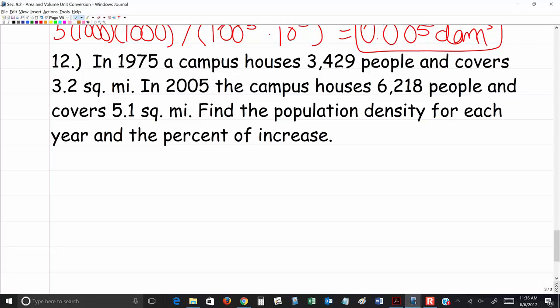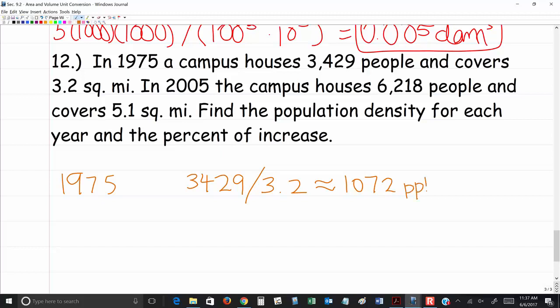So for 1975, you have 3,429 people in 3.2 square miles. So just divide that. 3,429 divided by 3.2. So that is approximately 1,071, let's just say 72 people per square mile.